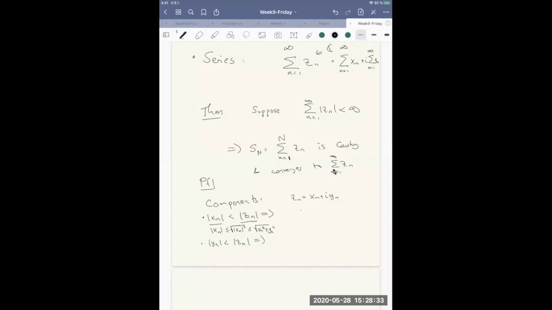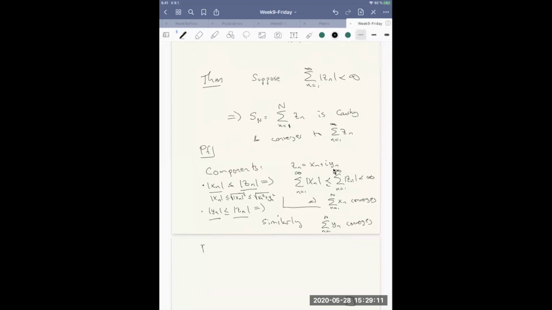So what we get is that the sum of the absolute value of xn is finite, because it is bounded from above by the sum of the absolute values of Zn. Therefore, the series xn converges. And similarly, doing the same comparison for yn, we get that the sequence of partial sums of yn converges.